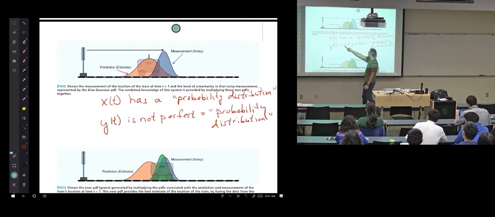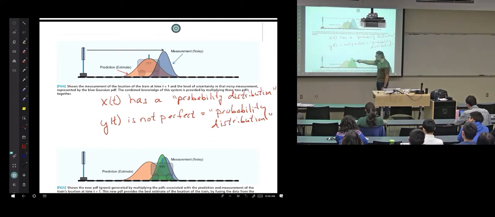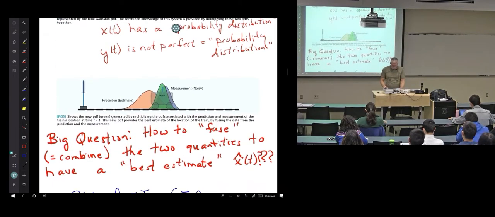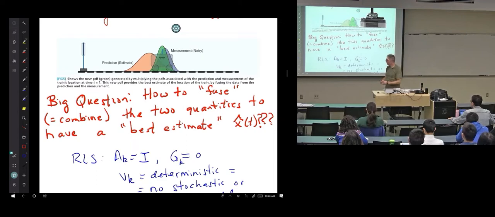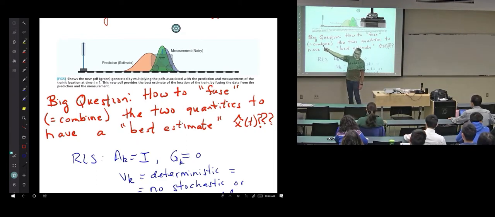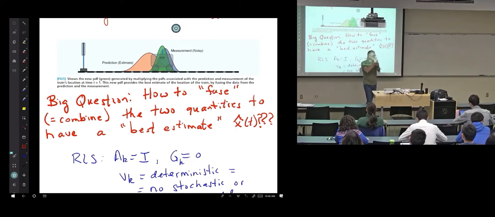Our measurement is not perfect, so it has some probability distribution. And we want to fuse it to get the very best estimate that minimizes the error in our estimate. The word fuse just means combine: how to combine the two pieces of information to get a single best estimate of the state.